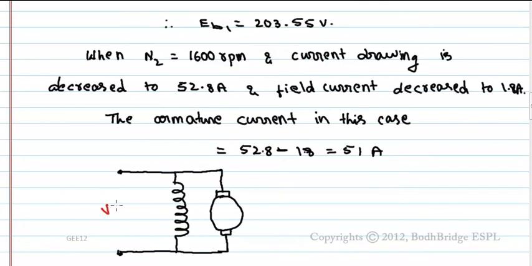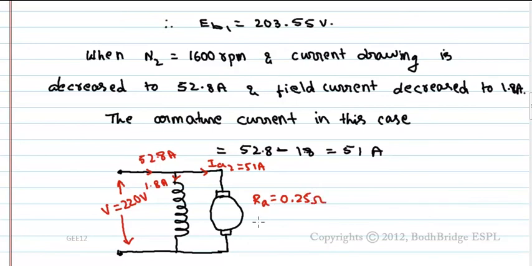In the second case, V is 220 volts. Current drawn is 52.8 ampere and the field current is 1.8 ampere. So the armature current IA2 equals 51 ampere. RA is 0.25 ohm. EB2: the same way, by applying KVL to this loop, we get V equals EB2 plus IA2 into RA.